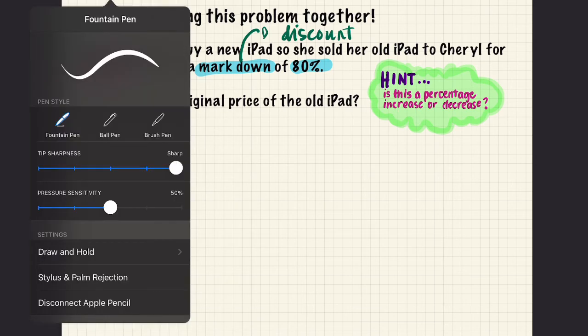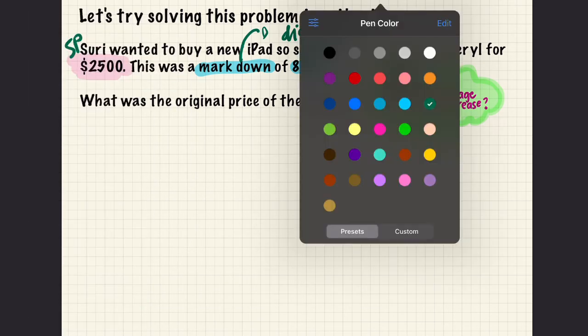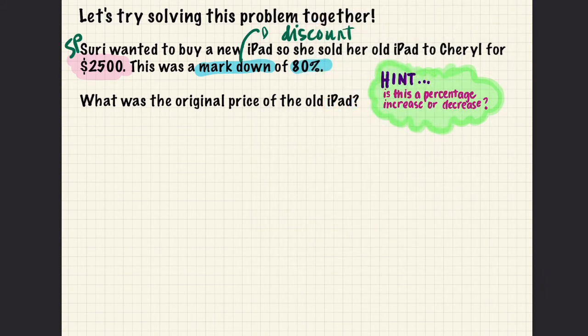Okay, so we know that the original price is 100%. There was a markdown of 80%. Okay, so that means the new percentage is 20%. Okay, what was the original price of her old iPad? So we're looking for the original price.